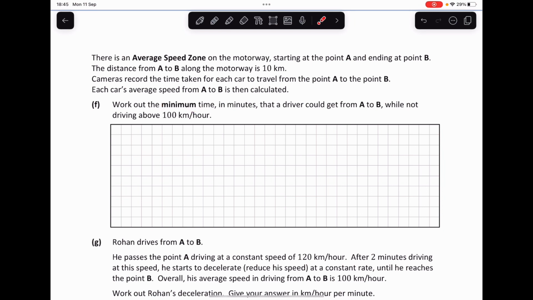Work out the minimum time in minutes a driver could get from A to B while not driving over 100 kilometers an hour. So we have to travel the 10 kilometers in the shortest time possible. So we'd want to travel as fast as possible, but we can't go over 100 kilometers an hour. So we're going to travel at 100 kilometers an hour.